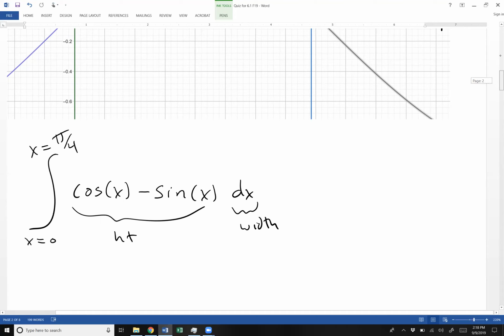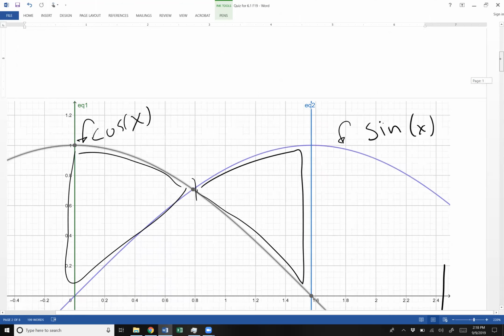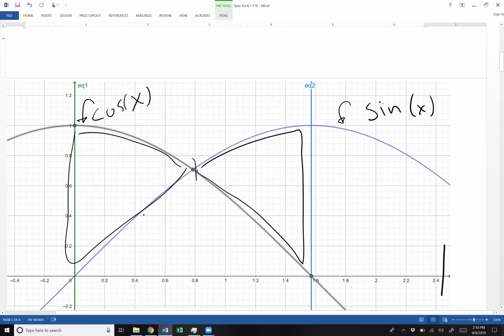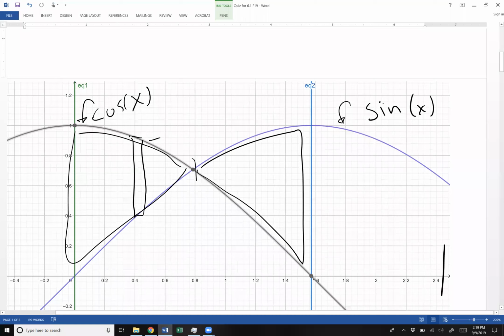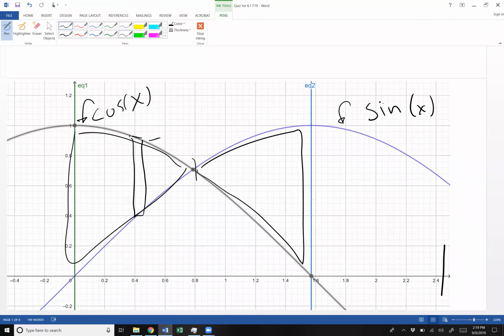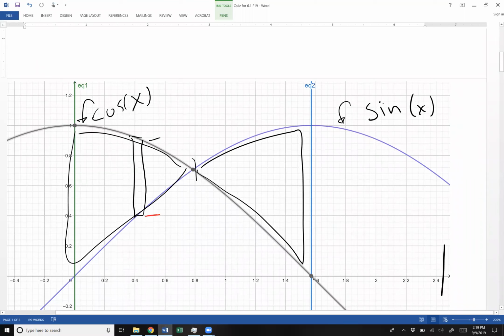If I come back up here and think about approximating this area, I can think about the height of this rectangle. How do I figure out the height? When I plug in an x, I've got an x value down here.